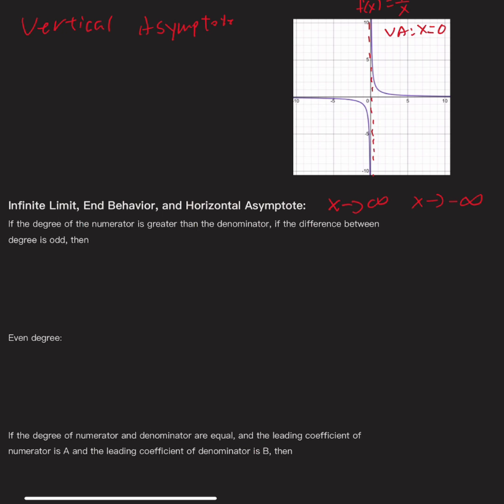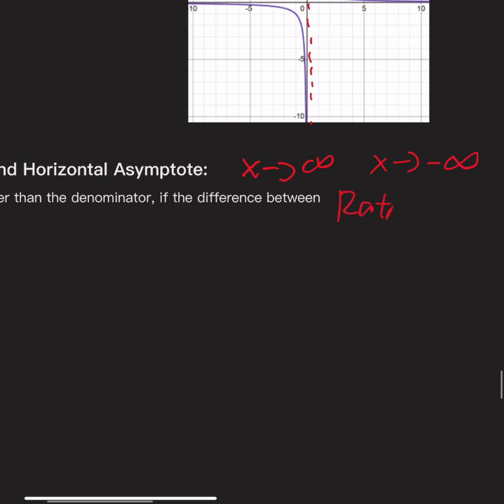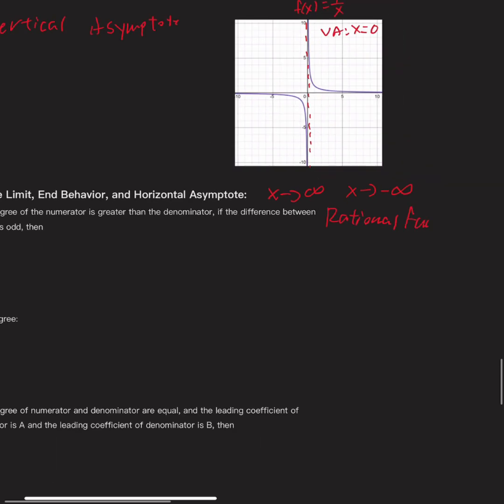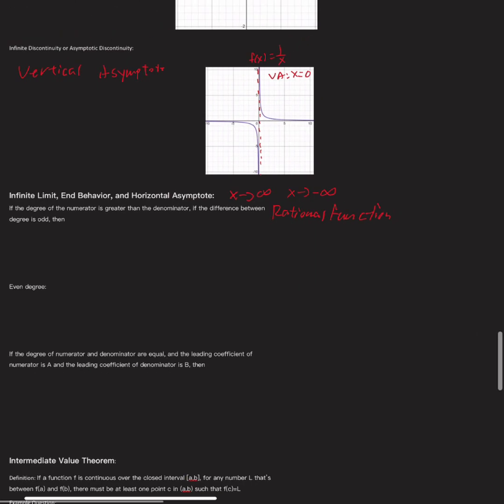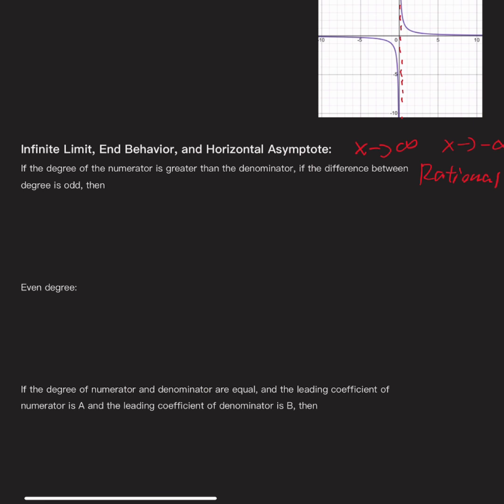If the degree of the numerator is greater than the degree of the denominator, well, we're talking about a rational function here, and the difference of degree is odd, then we can say the limit as x approaches negative infinity of f of x equals positive or negative infinity, and the limit as x approaches infinity of f of x equals positive or negative infinity.